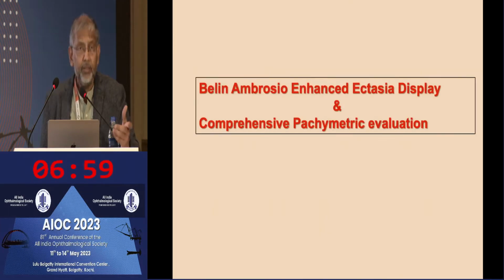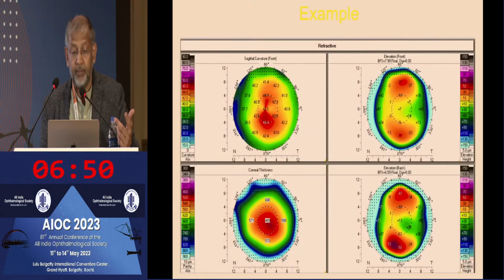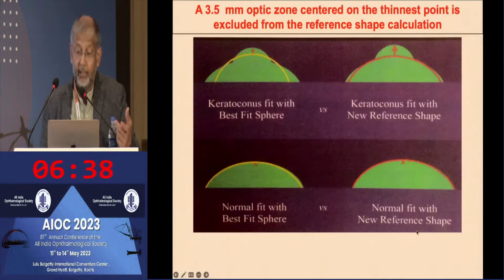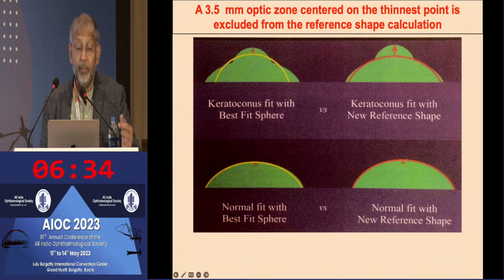So in case of doubt, we have to look for various parameters on the Belin-Ambrosio enhanced ectasia display and comprehensive pachymetric evaluation. What it means is, like in this case, there is a slight asymmetric bow tie with thin cornea and a little peninsula. And what this program does is that a 3.5 millimeter optic zone centered on the thinnest point is excluded from the reference shape calculation.